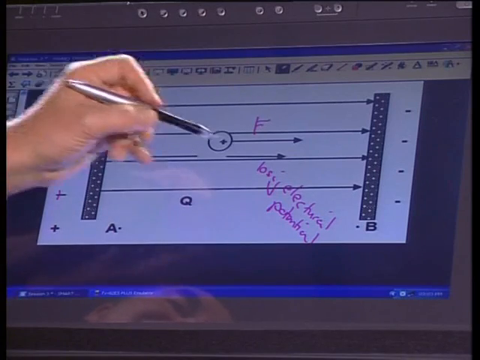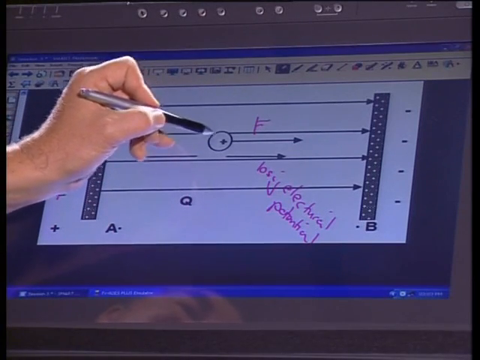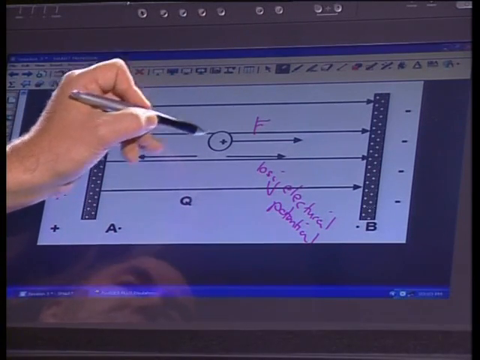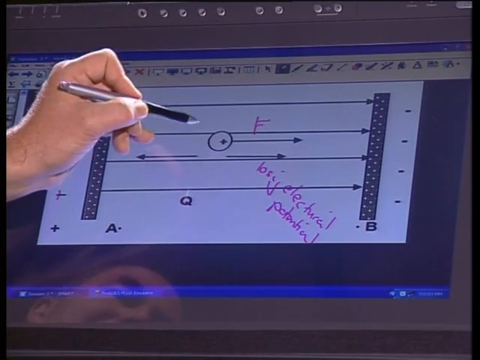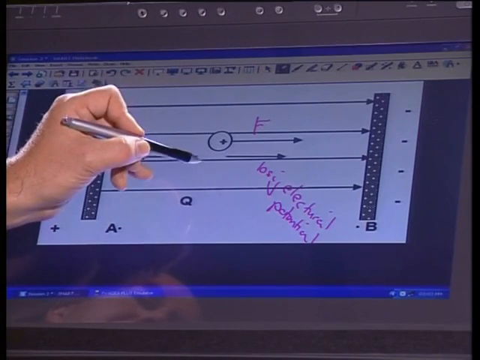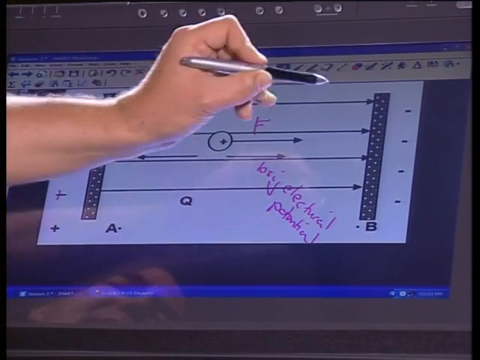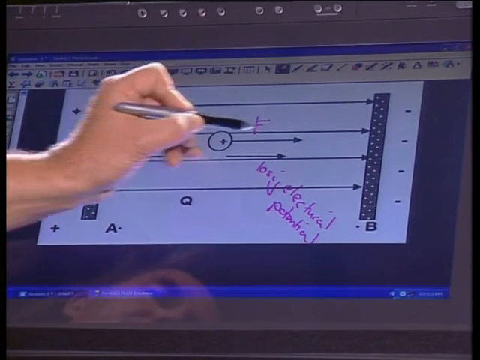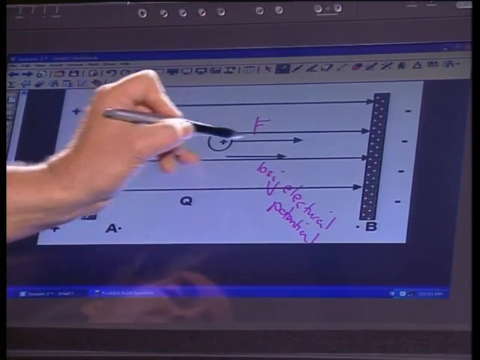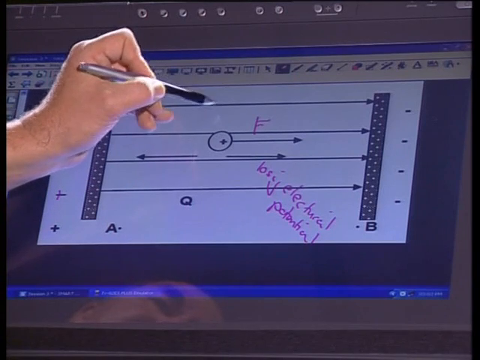Often what happens is that this force is going to cause these little charges, which can be little droplets of oil or little droplets of air even, little air molecules, to accelerate. Work is done on them. There's a force exerted, so there is work in moving it from this position.